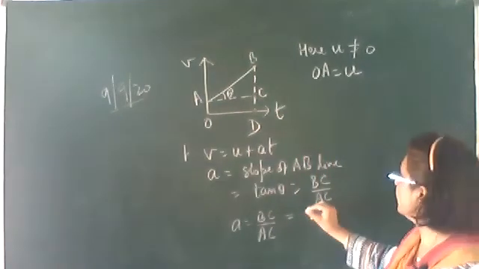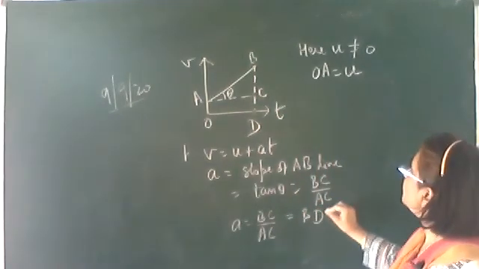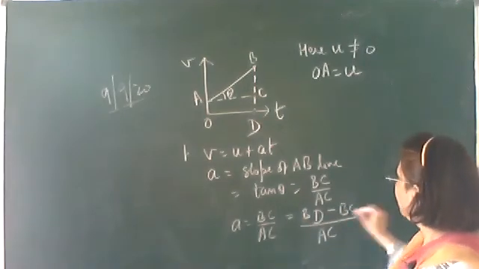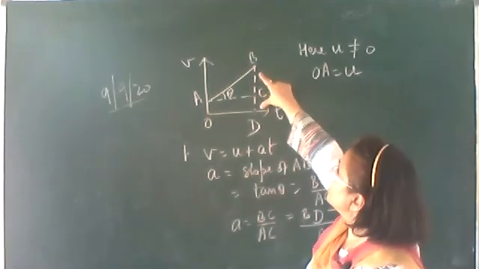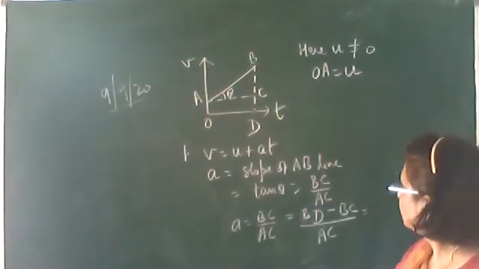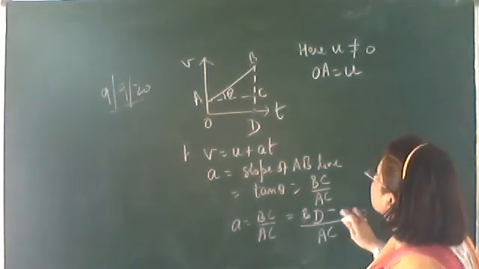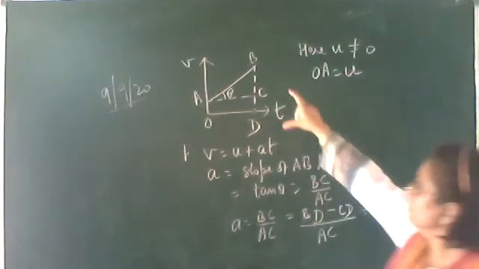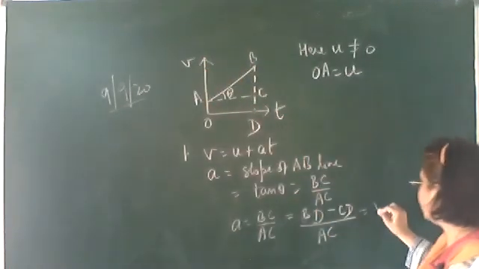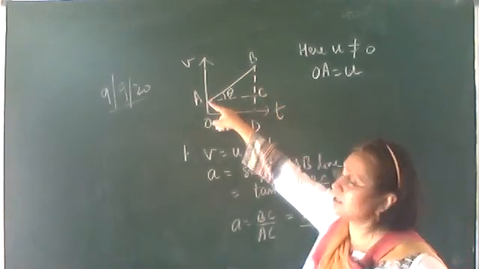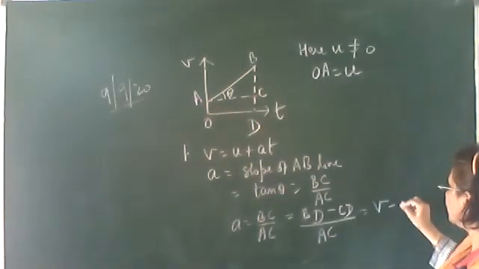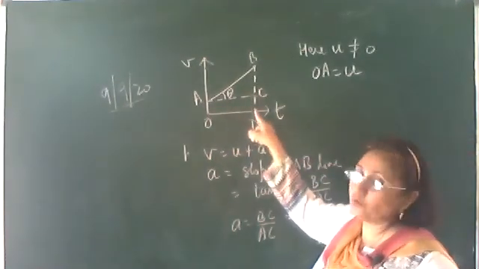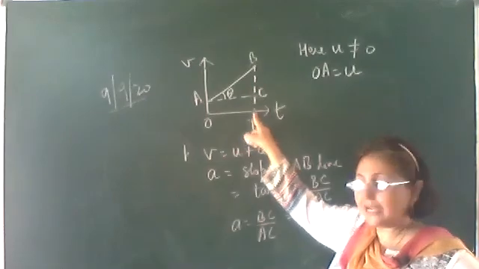So BC can be written as BD minus CD. BD is the final velocity, that is V. CD is equal to OA, which is the initial velocity, U. AC is equal to OD, and OD is the time.